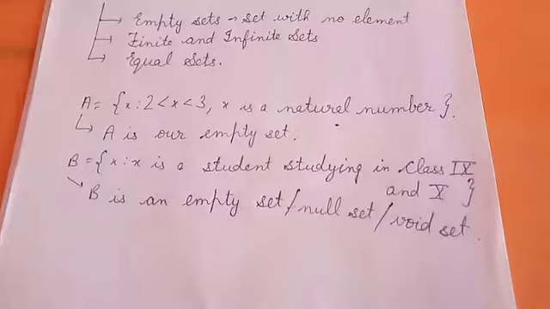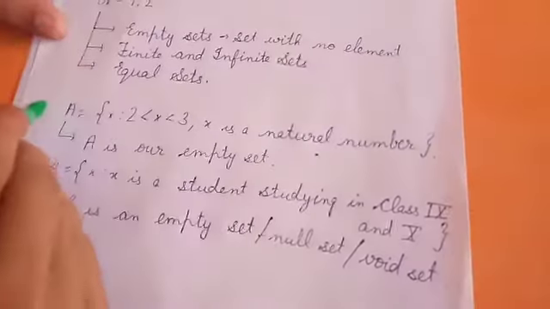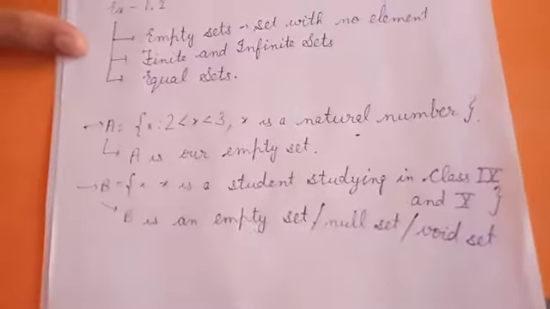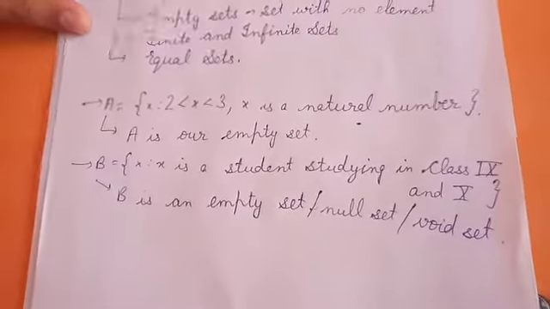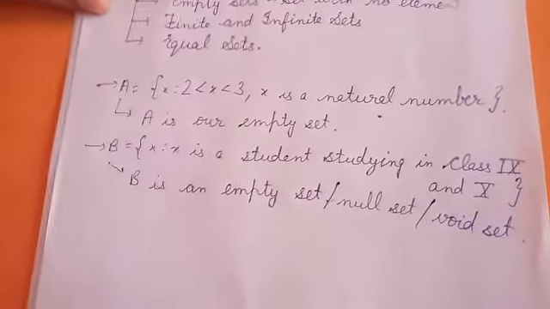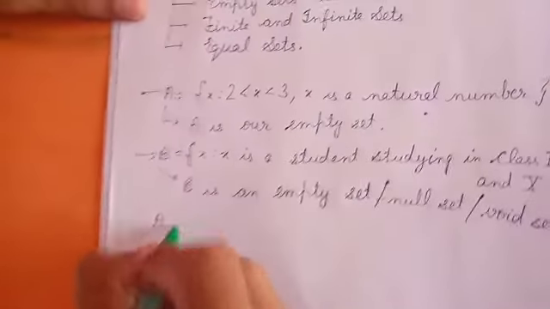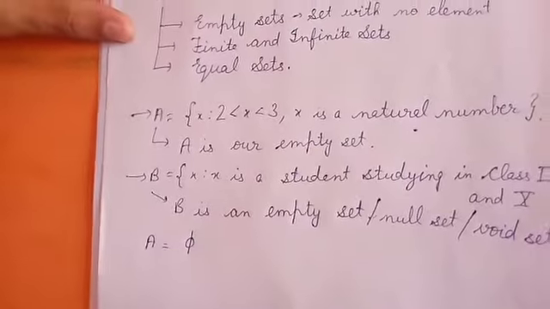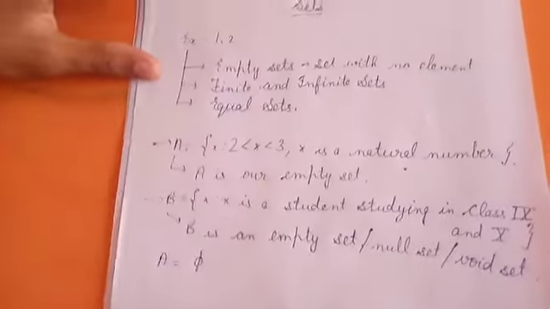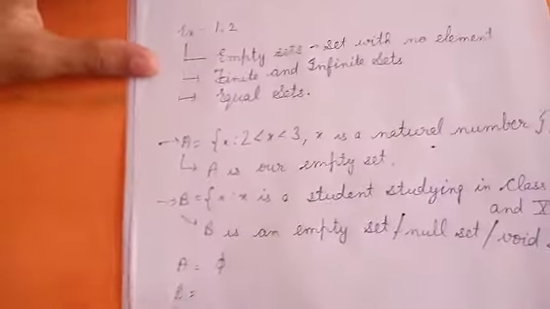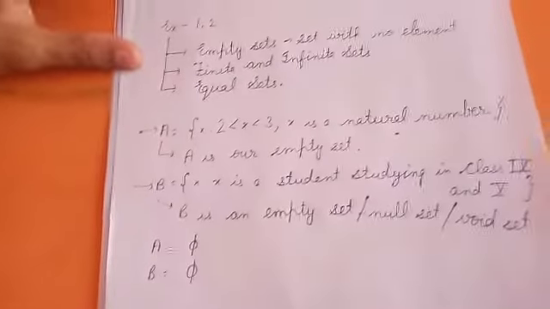If they ask you to write this in roster form, you would write A is equal to phi. Phi means no element. B is also phi.